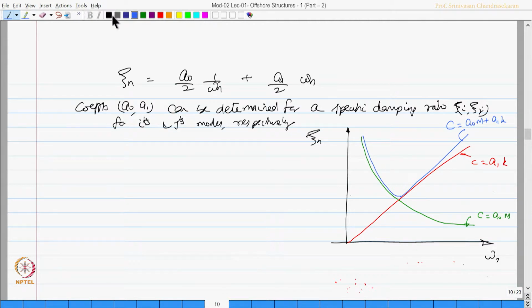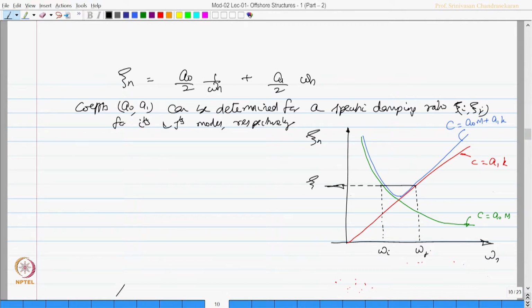So, for any specific values of omega i and omega j, as shown in the figure, I should be able to get the same zeta.